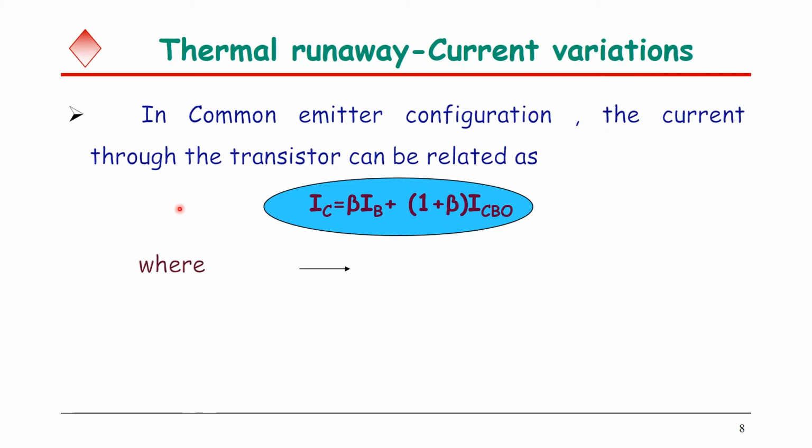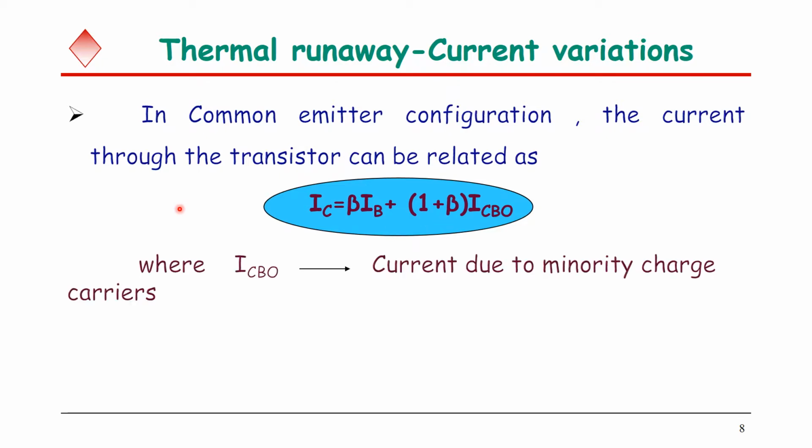This ICBO is nothing but the current due to minority charge carriers. If we consider an NPN transistor, the minority charge carriers are holes. If we consider a PNP transistor, the electrons are the minority charge carriers. Minority charge carrier in the sense that the concentration level will be very low.